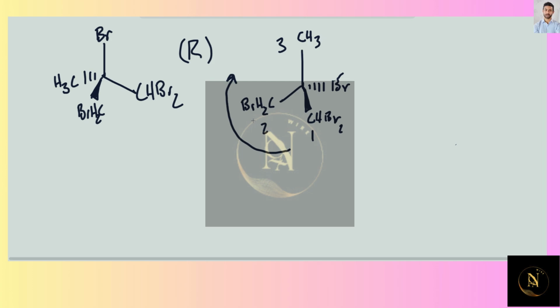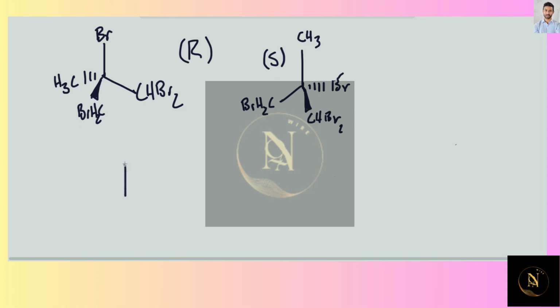So that looks like R, then that means it's actually S. So this is the S enantiomer of the first molecule. Okay, so we got S. Let's put that up here. This is an enantiomer, and it is the S enantiomer. All right, let's look at the next one.